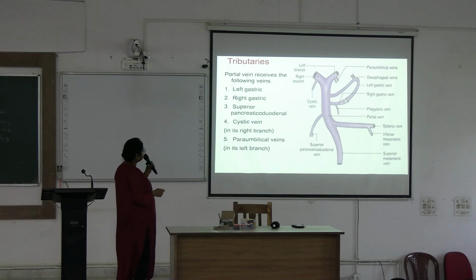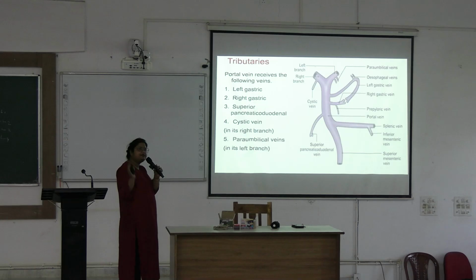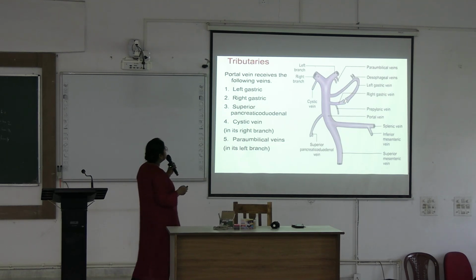So this right and left gastric vein lying along the lesser curvature of the stomach. Next is superior pancreaticoduodenal. This is superior pancreaticoduodenal vein. Next is cystic vein. This is cystic vein draining into the right branch of the portal vein. And paraumbilical veins. This is paraumbilical veins draining in its left branch. So these are the tributaries of the portal vein.